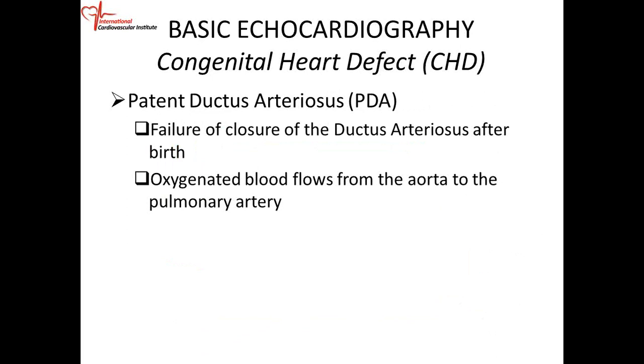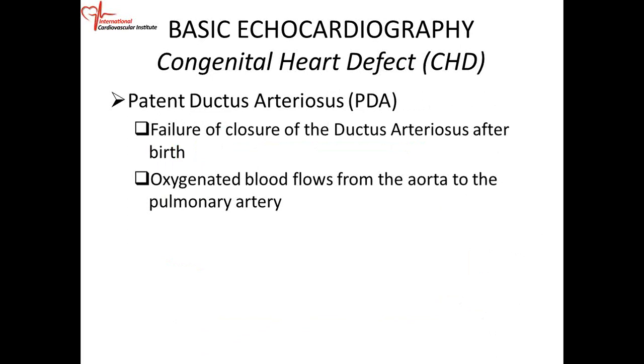So some of the pulmonary circulation comes from the ductus arteriosus. But when the baby is born, it usually gets what we call a physiologic closure. So it closes off.